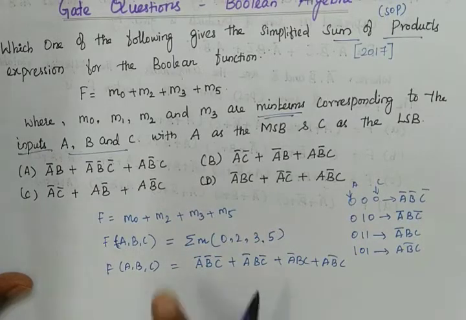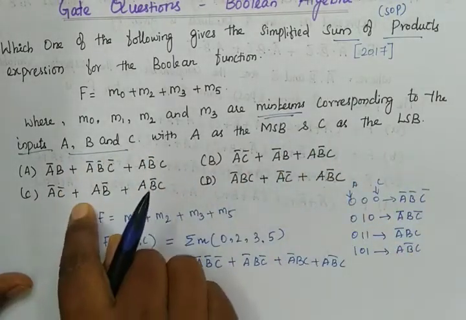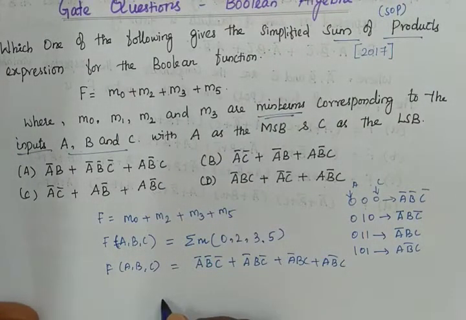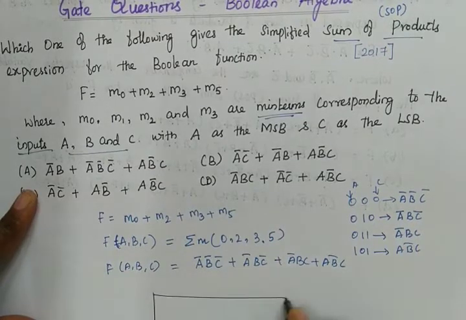Now what we have to do is find the minimized, that is simplified, expression for this. And we know how to draw the K-map. Already we have seen how to draw the K-map. Now we have to draw that. So this is a 3 variable K-map.